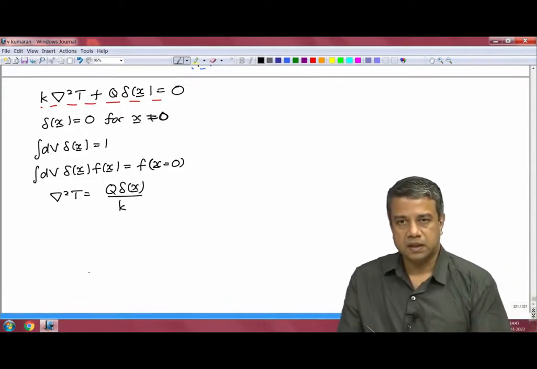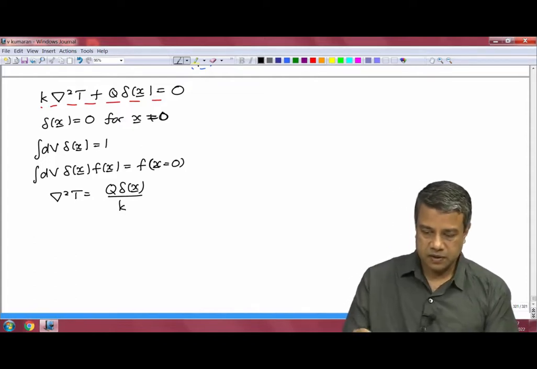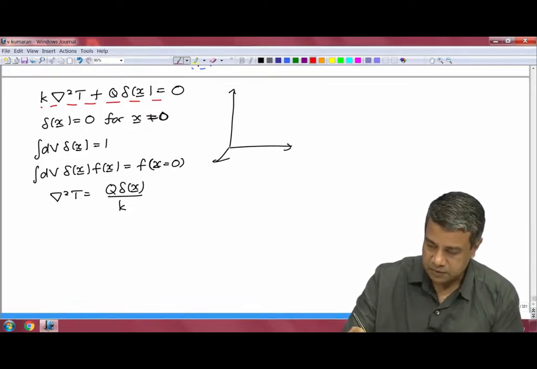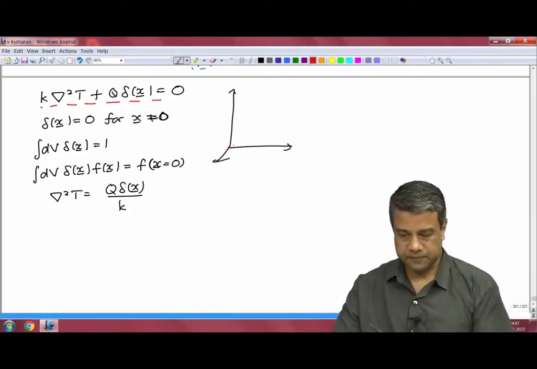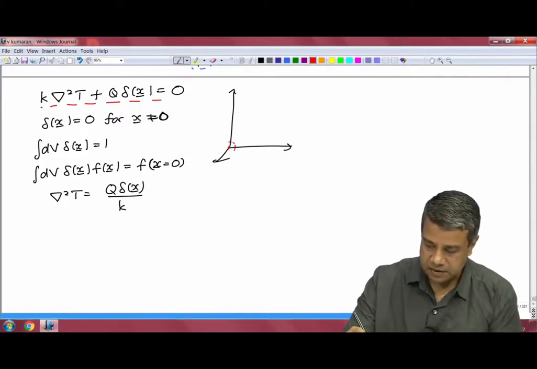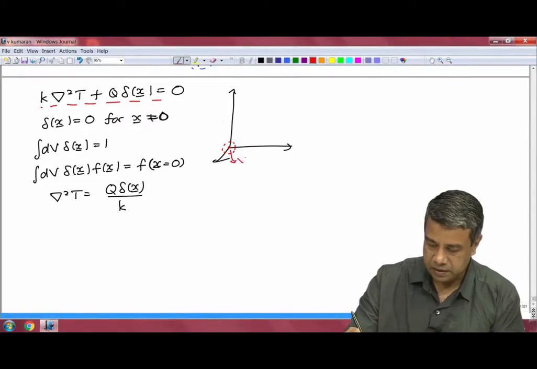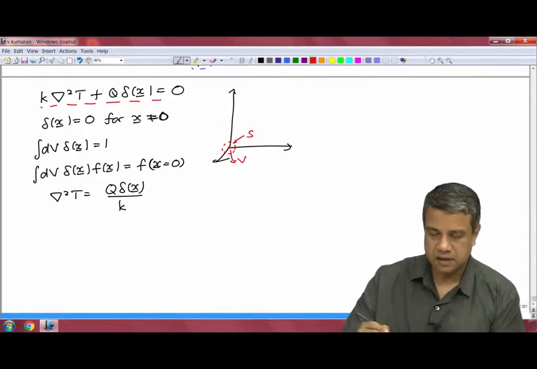I integrate it over a small differential volume. So, I have in this coordinate system the point source at the origin, and I take a small differential volume with volume V and surface S and integrate this.